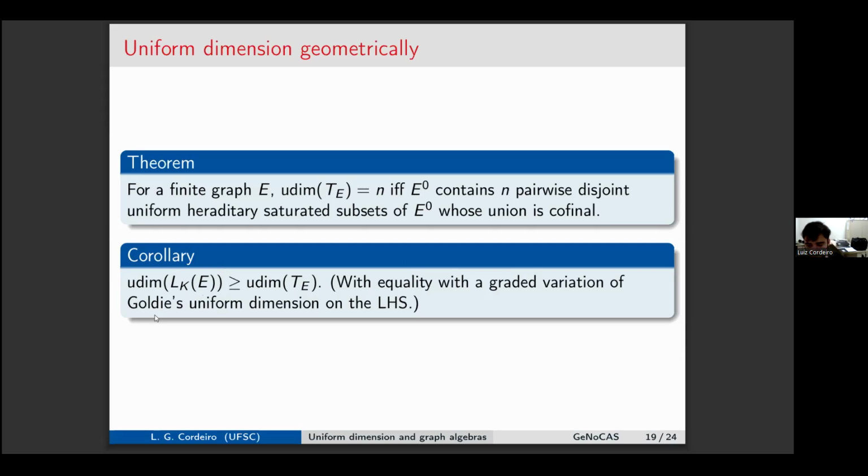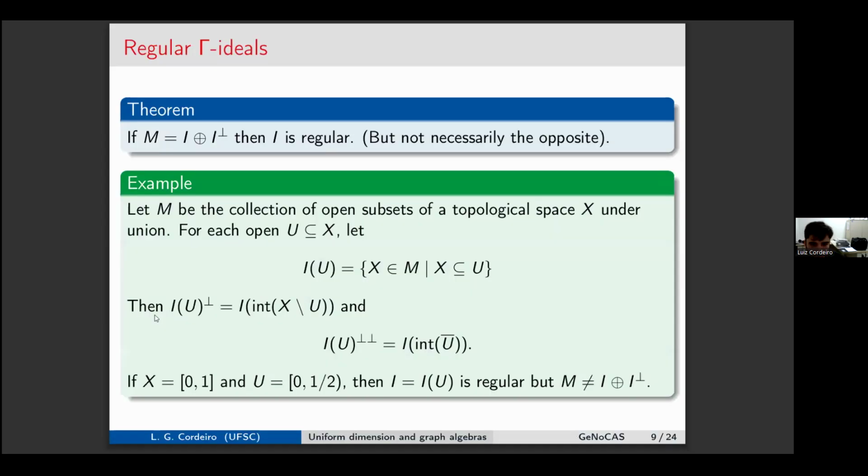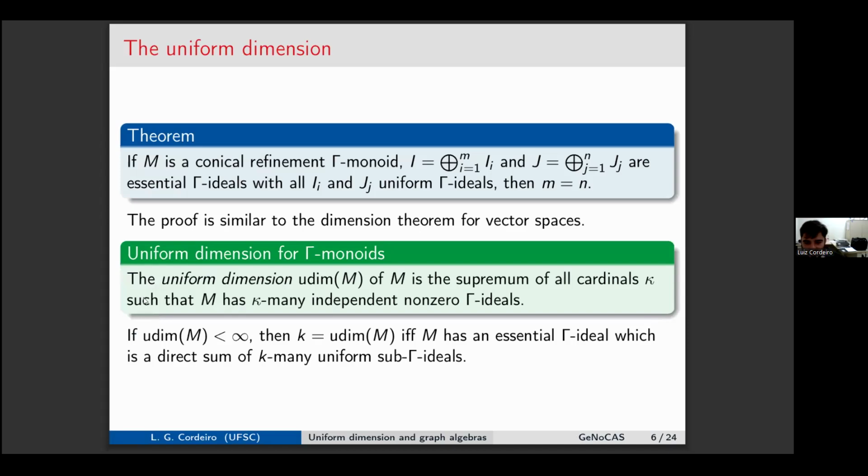And yes, it's analogous to, where is it? Here, right? So it's analogous to the green one. So the uniform dimension of a module over a ring is the supremum of all cardinals kappa, such that the module has kappa many independent non-zero submodules.